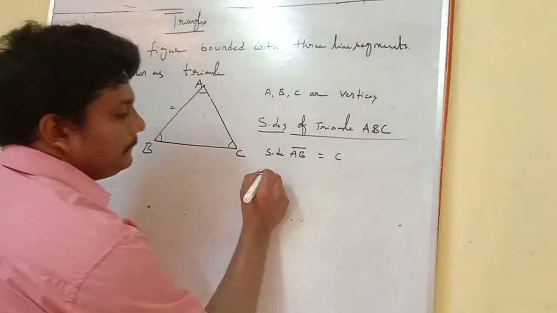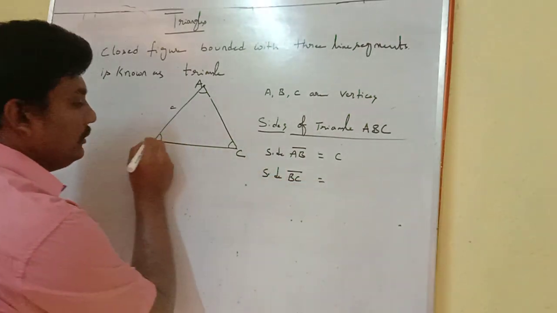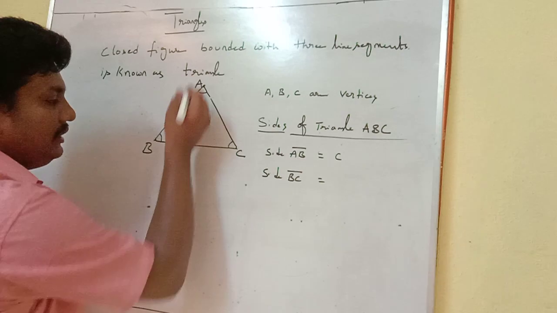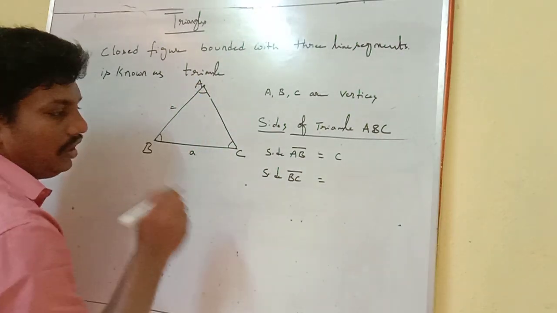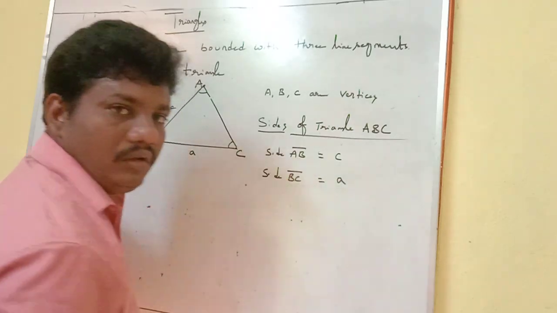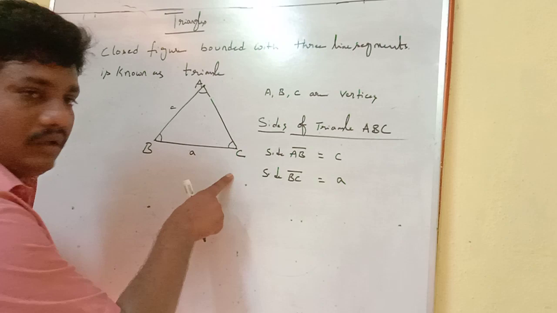Now side BC, which is opposite to the capital A. That's the reason why it is small a. So small a is BC. Understood?